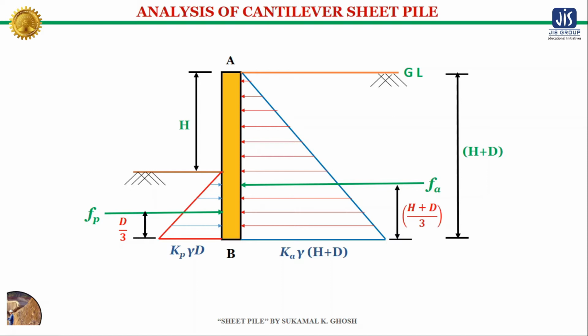See, this is a cantilever sheet pile which is retaining a cohesionless backfill, and the depth of the cantilever sheet pile below the dredge level is D. So this depth is D. This is the dredge level.